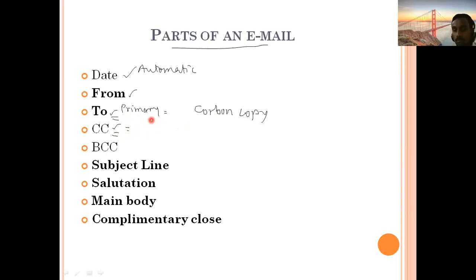It means, for example, I'm going to send an email to another department. दुसऱ्या डिपार्टमेंटच्या एका व्यक्तीला मला मेल लिहायचा आहे. मग त्या व्यक्तीला ईमेल लिहित असताना त्या व्यक्तीचा मेल आयडी मी To मध्ये लिहिणार. त्याचबरोबर त्या व्यक्तीच्या एचओडी ला पण माहिती असायला पाहिजे की हे कम्युनिकेशन काय झालंय. मग त्या व्यक्तीच्या एचओडीचा मेल मी इथं CC मध्ये टाकणार. म्हणजे हे कम्युनिकेशन To ला पण होतं आणि CC ला पण होतं, आणि या सगळ्यांना माहिती होतं की मेल कुणी पाठवला, कोणाला पाठवलाय.